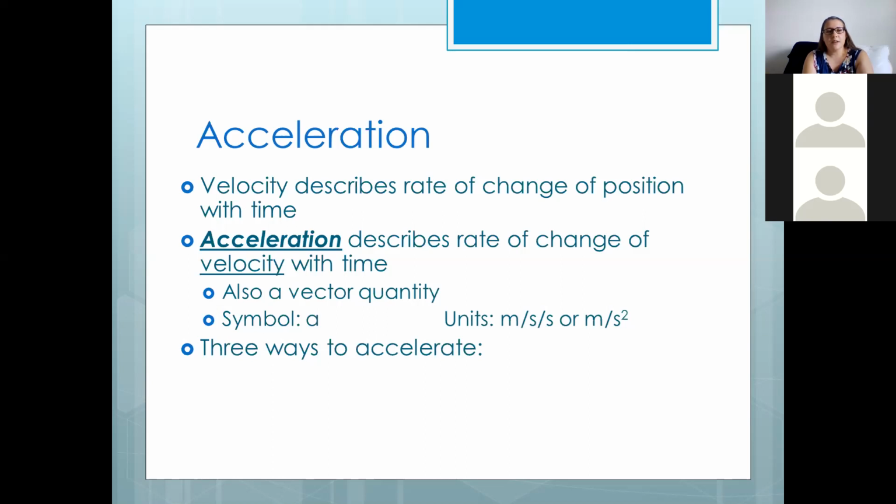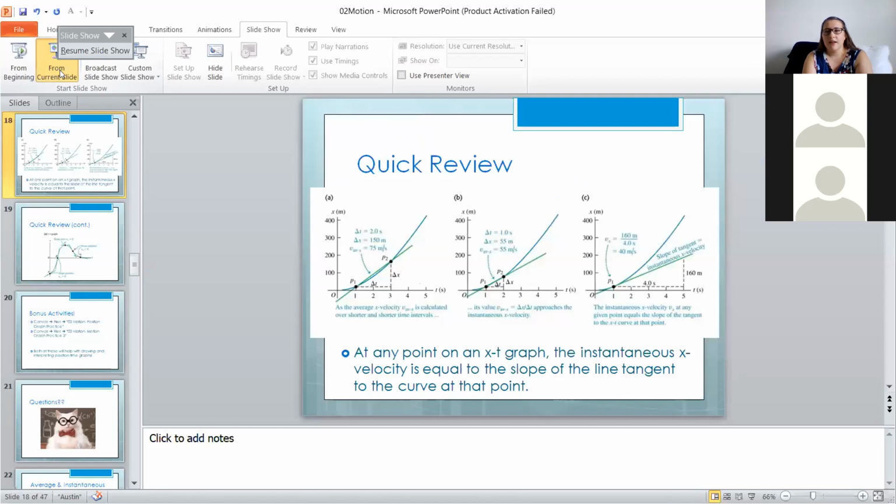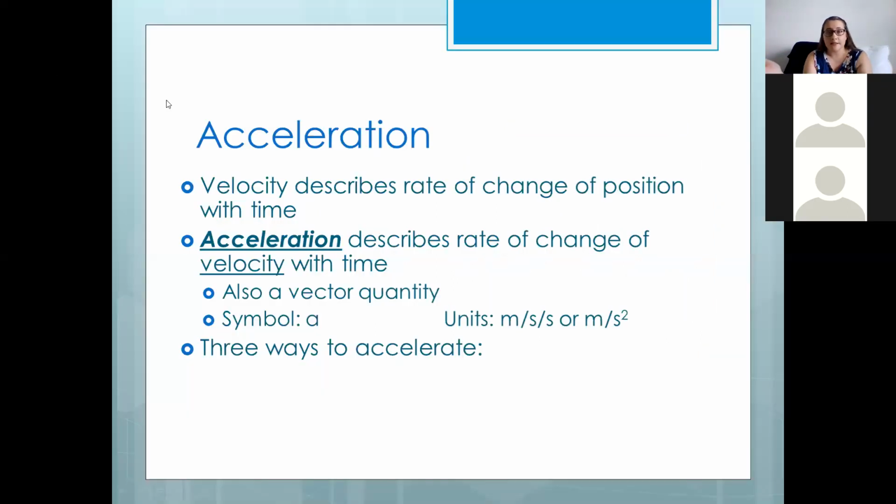So probably the one that we are most familiar with, because we've probably heard this word accelerate before, especially if you drive a car, is used outside of physics class. The most obvious way that an object can accelerate is by speeding up. That's typically the connotation for accelerate that we most often mean.